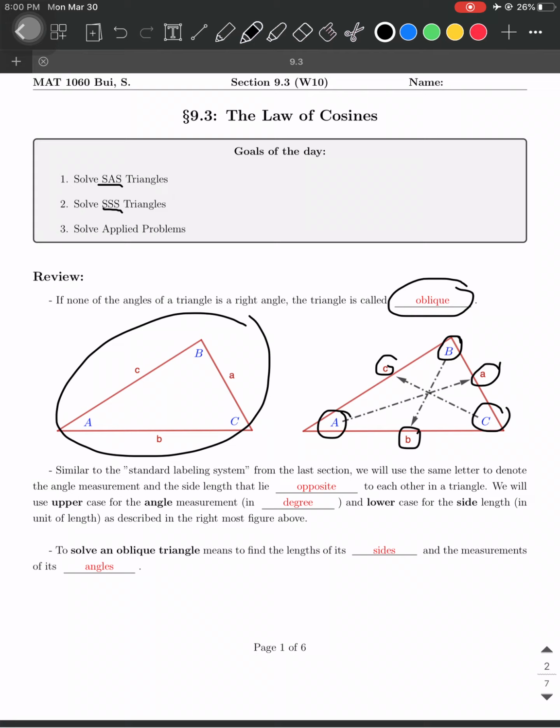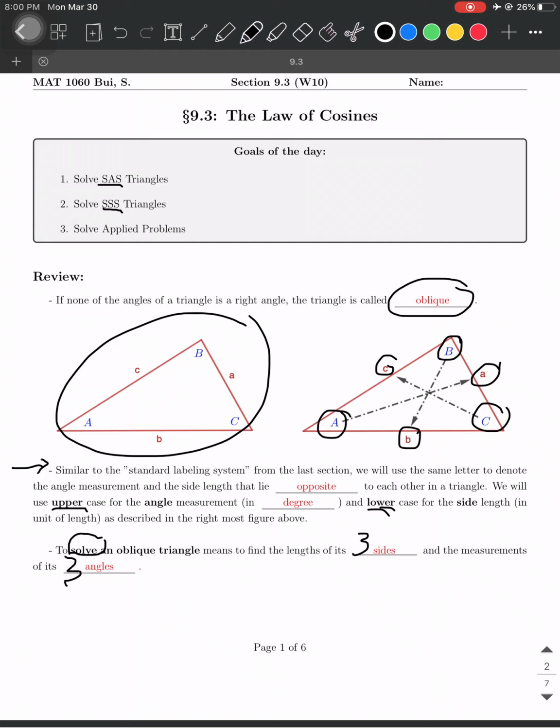And here's a quick description of what I just said. So if you want, you can read it. And then if my description confused you, please email me and ask me for more clarification, okay? And just like what we did in 9.2, to solve for an oblique triangle in here, it means that we have to get all 6 data, including the 3 sides and the 3 angles, okay?